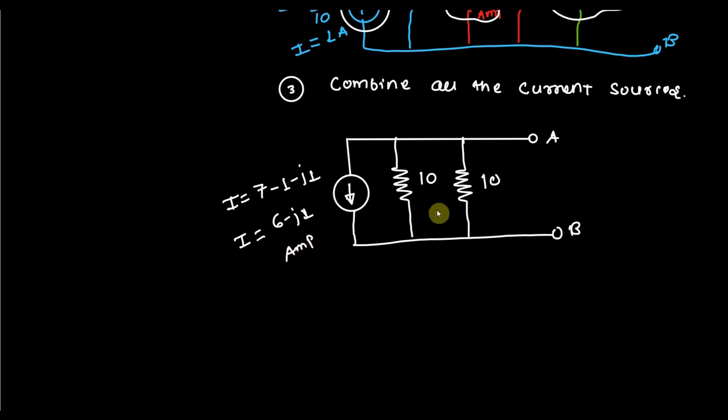Right? And now you can see that these two resistances are in parallel. So what we have to do? We have to solve these two resistances. So your last answer will be like this.